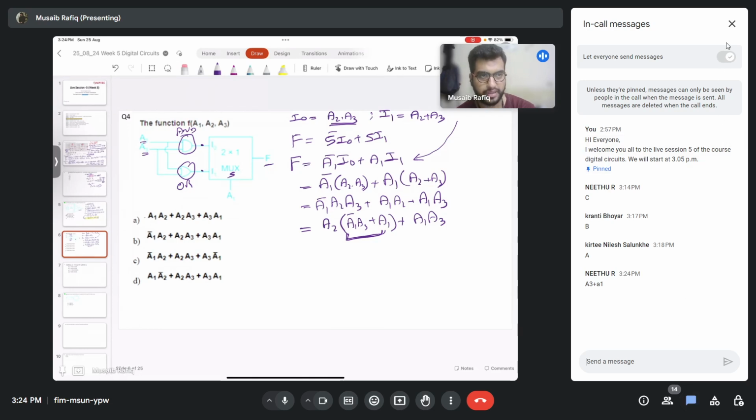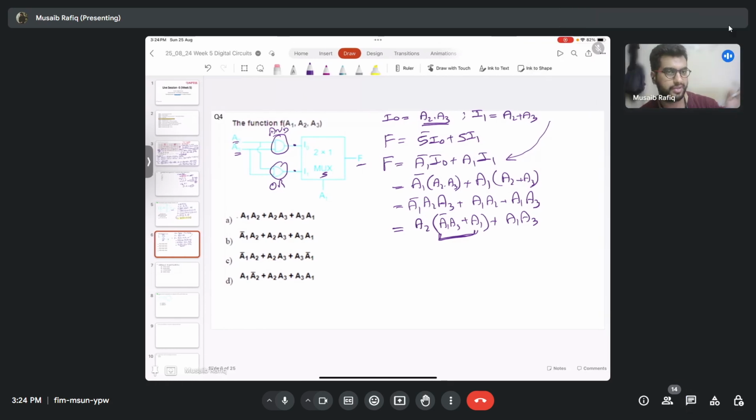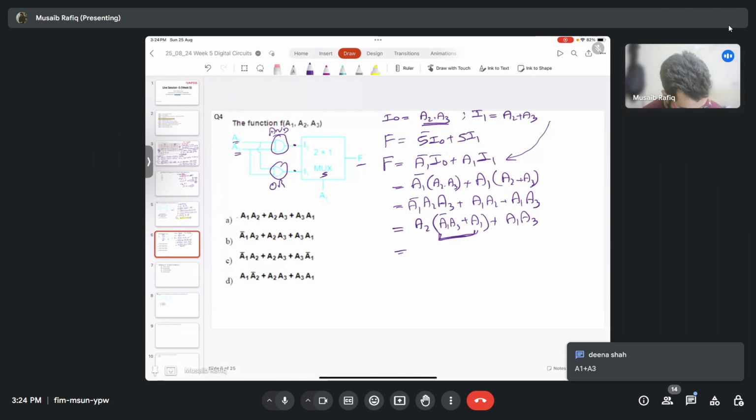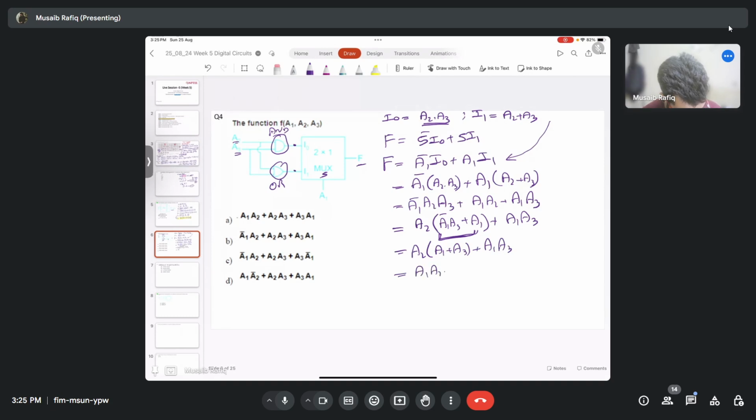This is equal to A1 plus A3. Basically, this is of the form a plus a bar b, which is equal to a plus b, right? So this is equal to A2 times (A1 plus A3) plus A1 A3, and ultimately I'm left with A1 A2 plus A2 A3 plus A1 A3, and this is option A, right? Yeah, this is option A. So option A is your correct answer.